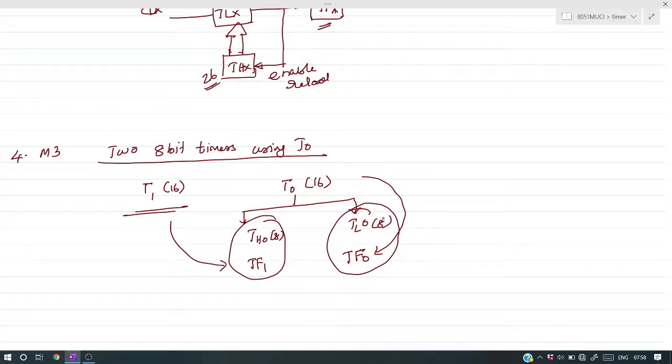It is to be noted that in serial communication, during transmission between bits, some fixed delay is required. During serial communication, data is sent bit by bit serially. Suppose I need to send 1001.